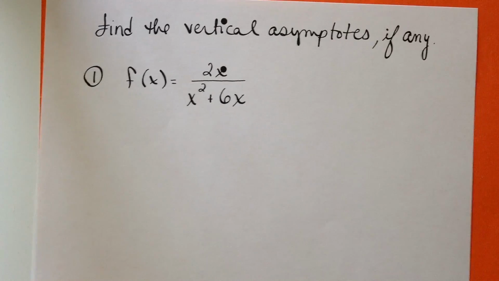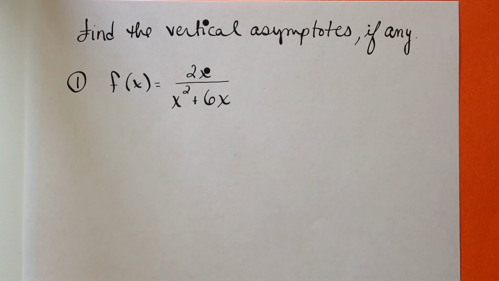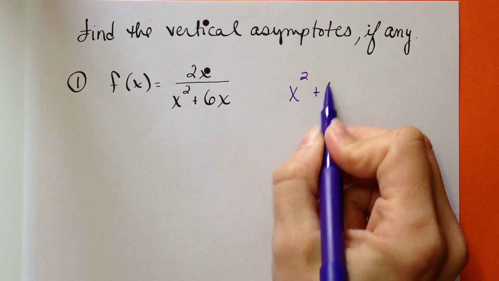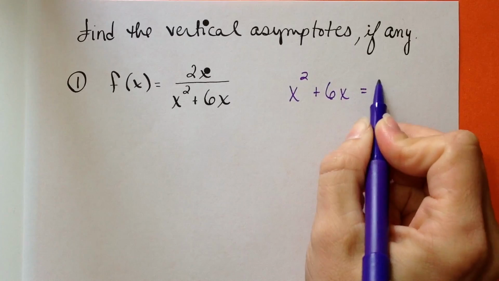Okay, first example for our vertical asymptotes. You notice your instructions say to find the vertical asymptotes, if any, because your graph doesn't actually have to have a vertical asymptote. Okay, start with your denominator, and we need to find those values that cause our denominator to equal 0.